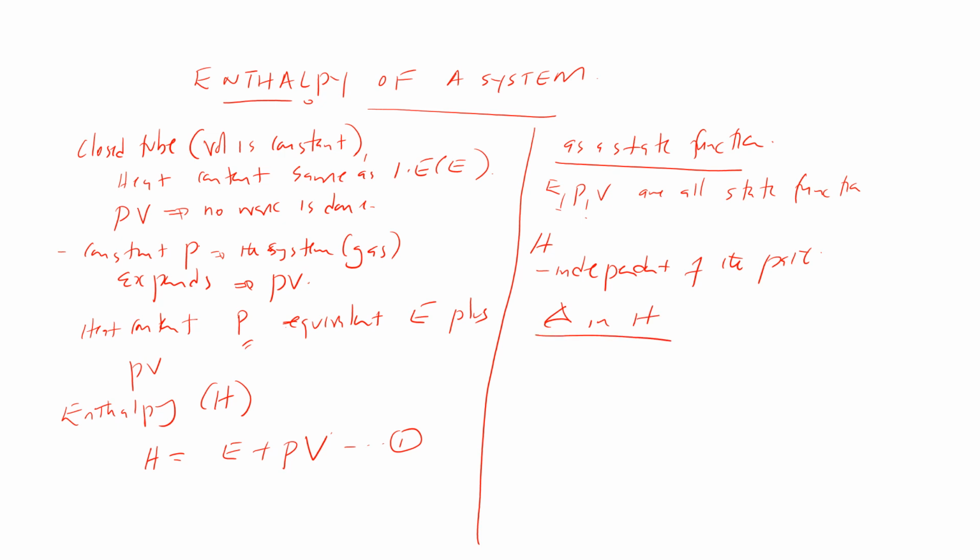So delta H can be the difference of enthalpy of a system in the final state. So we are basically saying we're moving from H1 to H2. And so delta H then becomes H2 minus H1.